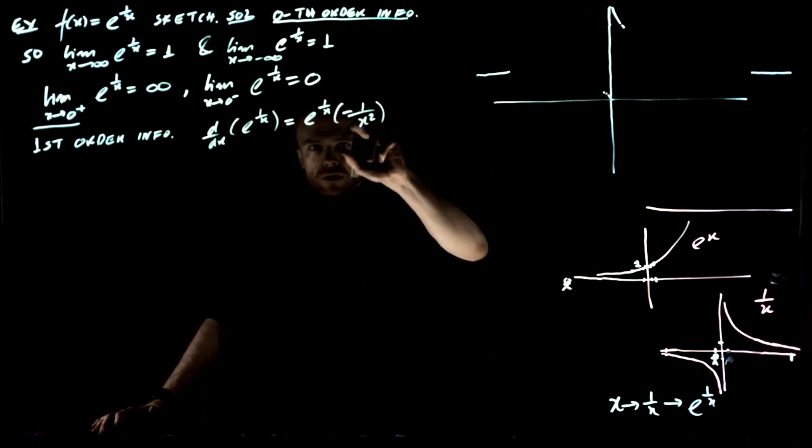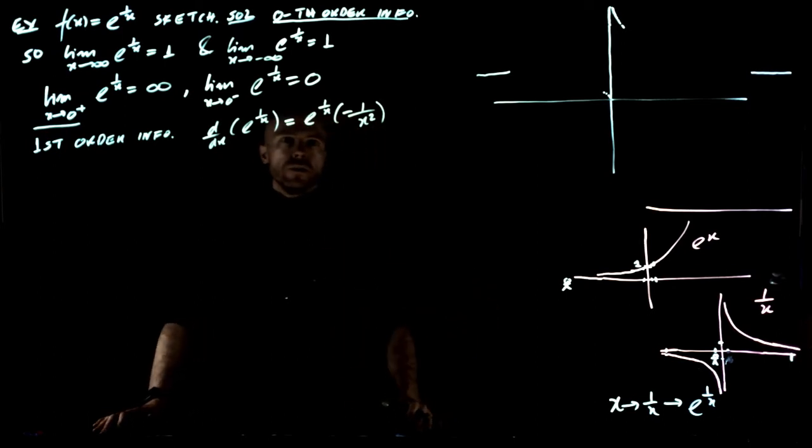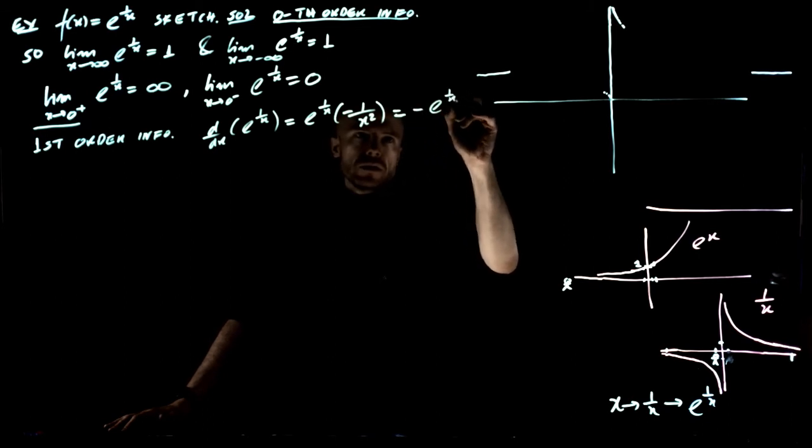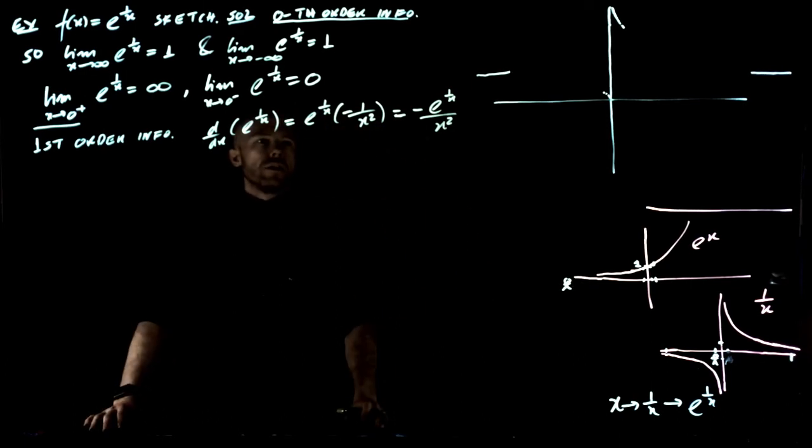Cool. All right, so this is minus e to the 1 over x over x squared. So this is always a negative number, but it doesn't exist when, okay, we have an issue about what it could be when x is close to 0.